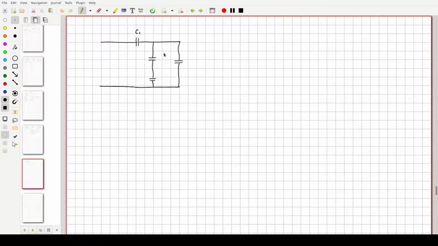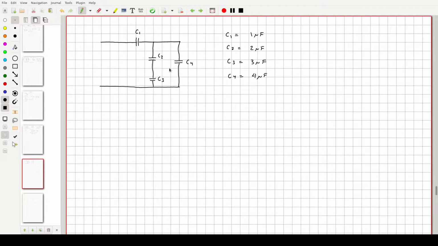I'll call this C1, this is C2, this is C3, and this is C4. And maybe C1 is 1 microfarad. C2 is 2 microfarads. C3, 3 microfarads. And C4, 4 microfarads. Makes it easy.